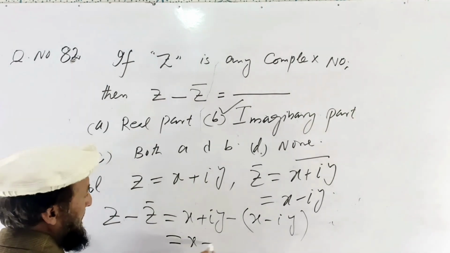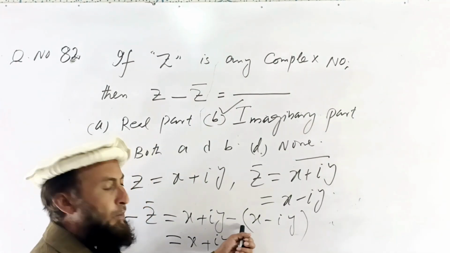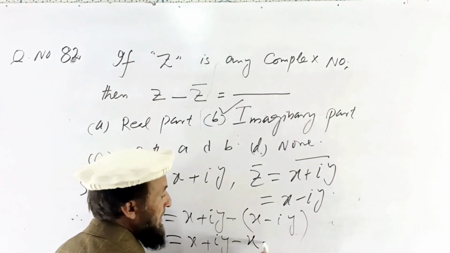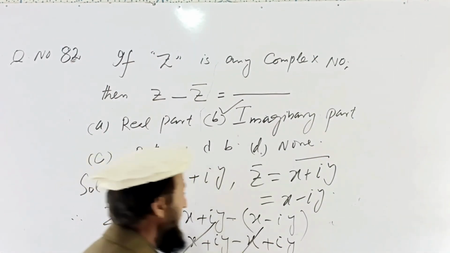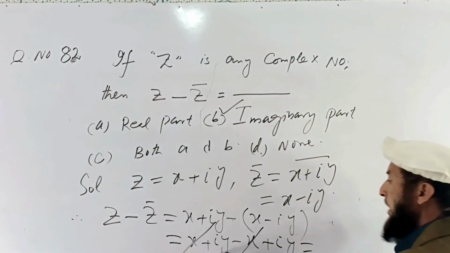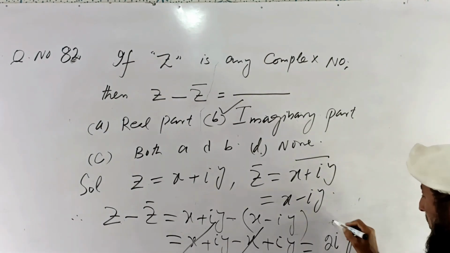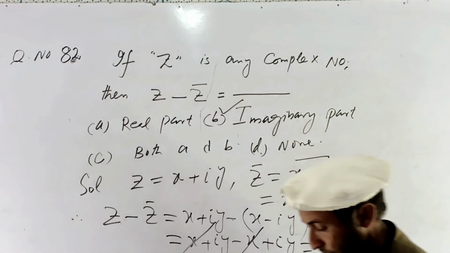When we open the bracket, the sign is also changed: minus x plus iota y. So the real part cancels. We get iota y plus iota y, which is 2 iota y. That is the imaginary part.